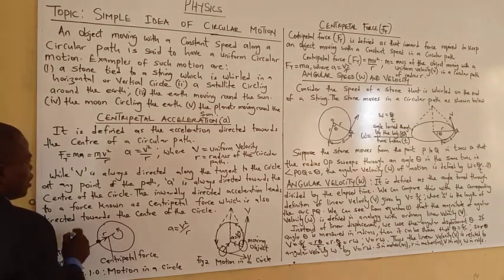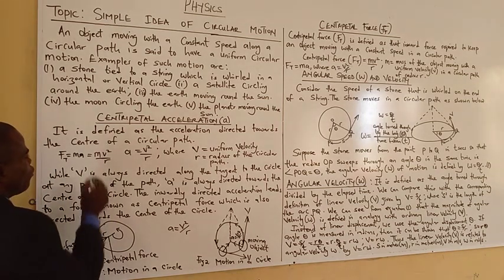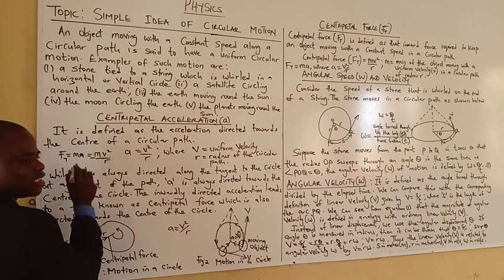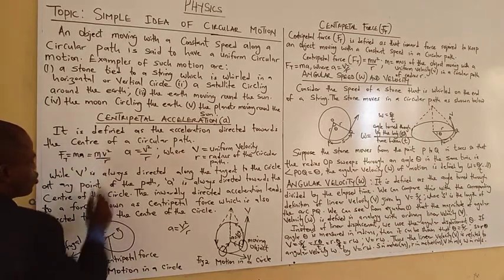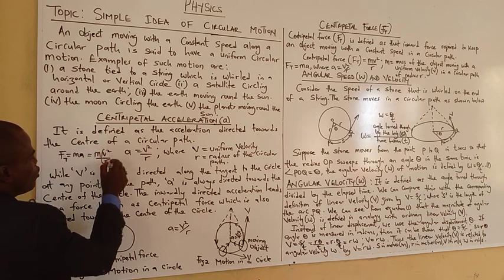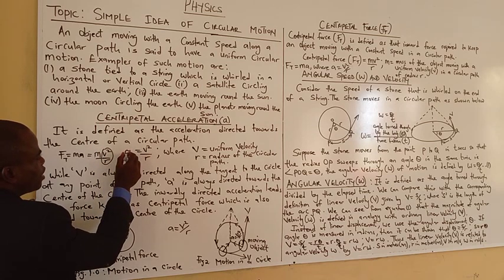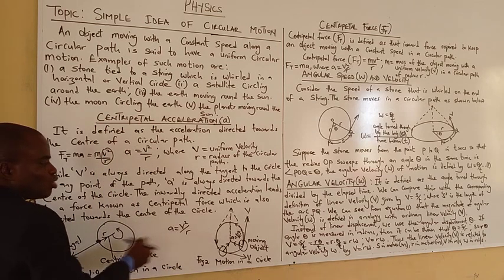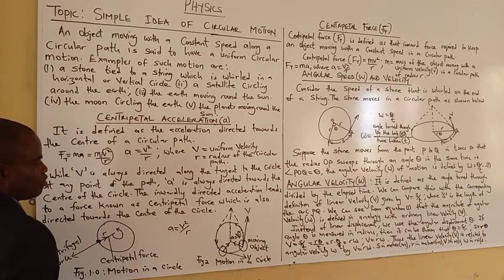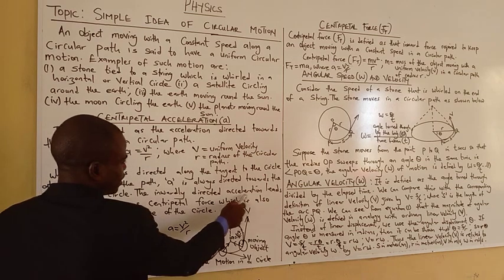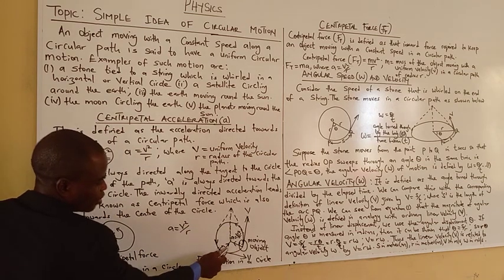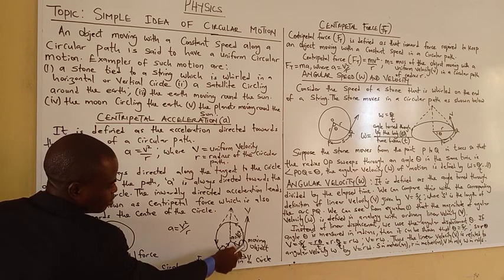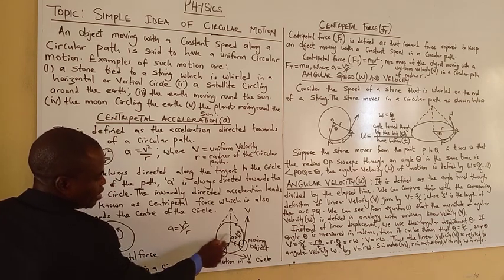But when you are talking about centrifugal force, you only introduce negative. Is that okay? Centripetal force is mv squared over r, where v squared over r is our centripetal acceleration, which is directed toward the center of the circle. Look at the arrow. That means that the acceleration is being directed toward the center.